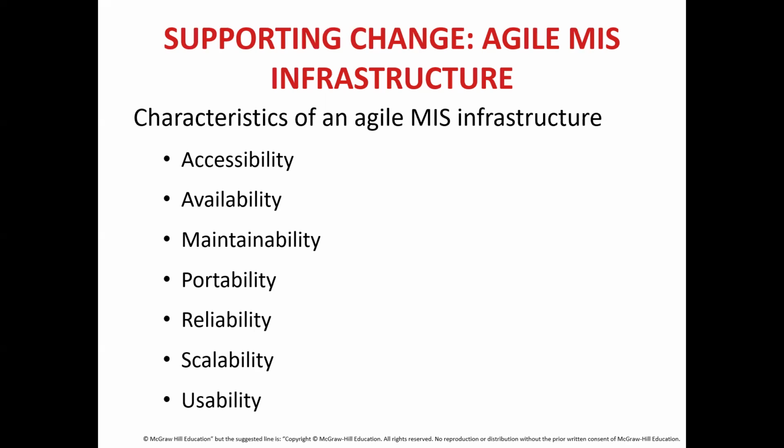Portability: the ability of an application to operate on different devices or software platforms. Reliability: ensures a system is functioning correctly and providing accurate information. Reliability is another term for accuracy when discussing the correctness of systems within the context of efficiency IT metrics.